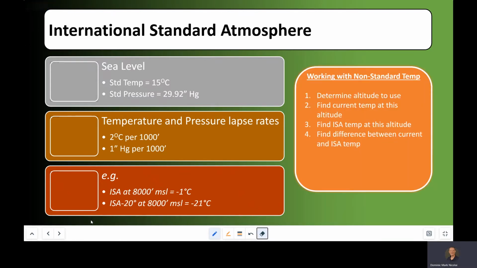You're working with non-standard temperatures, you're going to need to determine the altitude you're using. Now, if you're departing a 4,000 foot airport elevation, you're using 4,000 feet. You need to find the ISA at 4,000 feet. And you also need to understand what is my current temperature at that altitude.